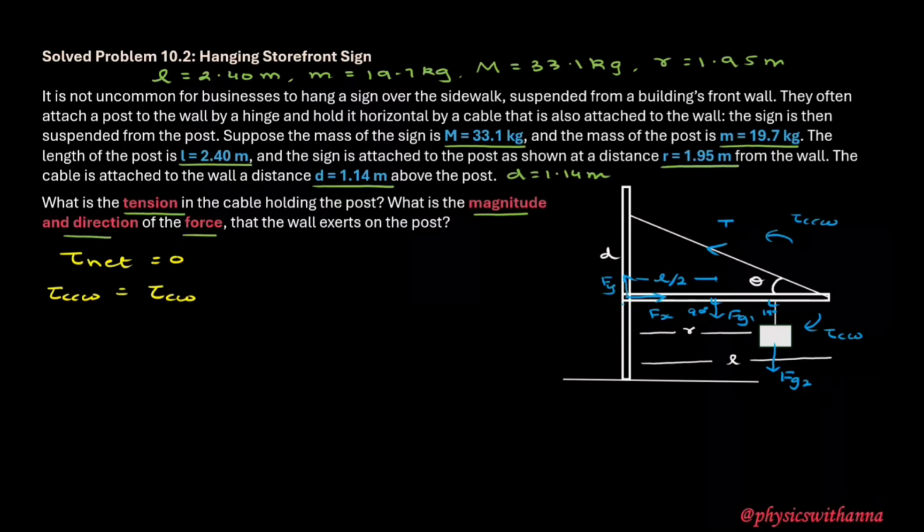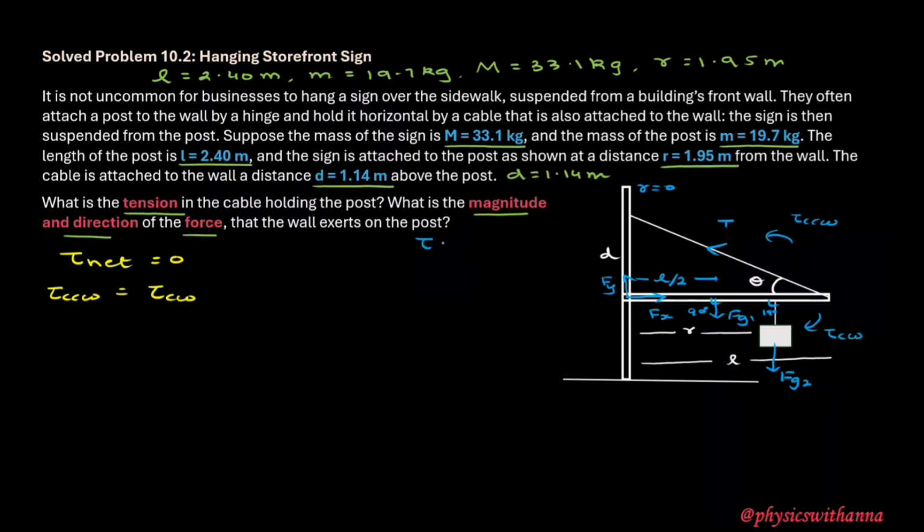These two forces exert no torque on the system as they are acting on the axis of rotation. If they are acting on the axis of rotation, the distance r is 0 and hence there is no torque produced by them. So we will only discuss torque produced by tension, Fg1 and Fg2.